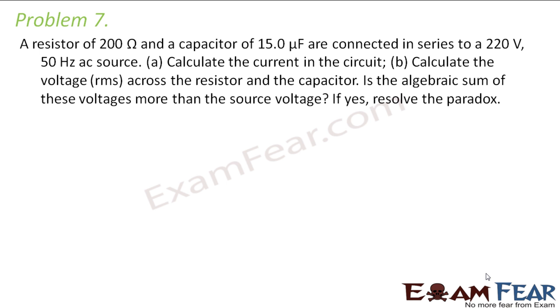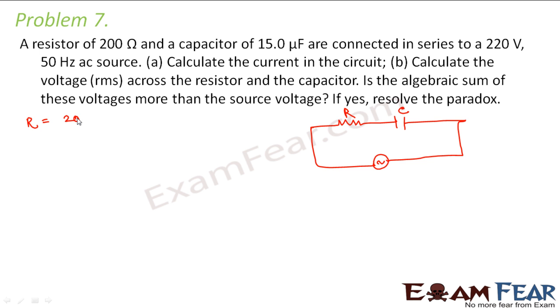This problem says that a resistor of 200 ohms and a capacitor of 15 microfarads are connected in series to a 220 volts 50 hertz AC source. That means you have a resistor and a capacitor which are connected in series to an AC power supply. That means this is resistor R, this is capacitor and this is your power supply.